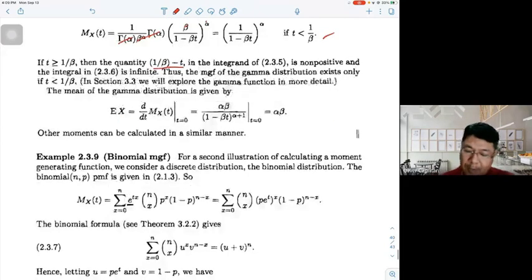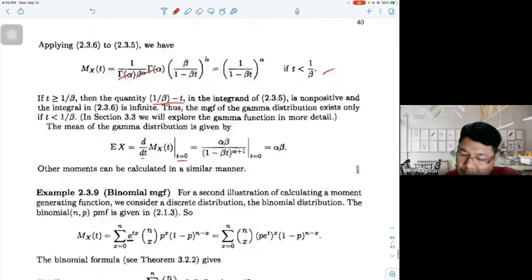So the mean of x, we take the derivative of our moment generating function with respect to t, and after that, we're going to evaluate it at t is equal to 0. Ito lang naman yung ating moment. No? So this is the same as, ito siya. This would be the same as, for any alpha to be positive there, we have 1 minus beta t to the negative alpha.